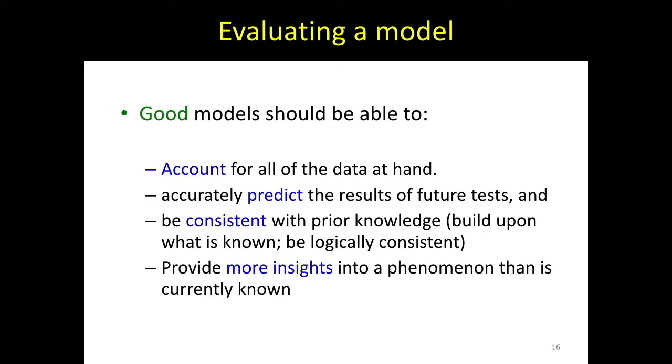That is, models cannot ignore any aspect of the world that we know to be truthful. They must accurately predict the results of future tests and be consistent with prior knowledge. That is, they have to build upon what is known and be logically consistent. And most importantly, they have to advance our understanding and provide more insights into a phenomenon that is currently known.